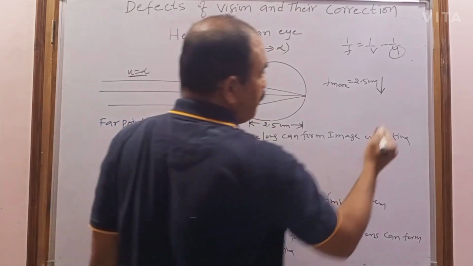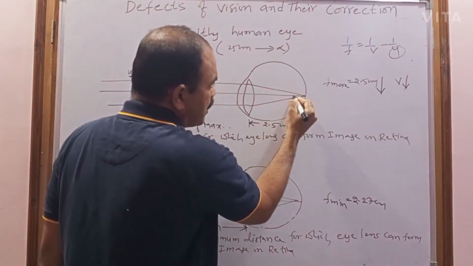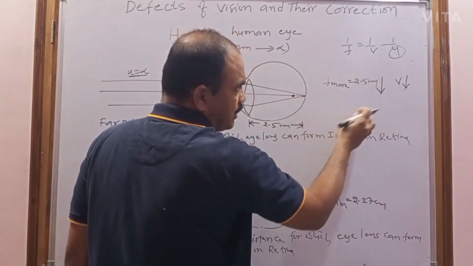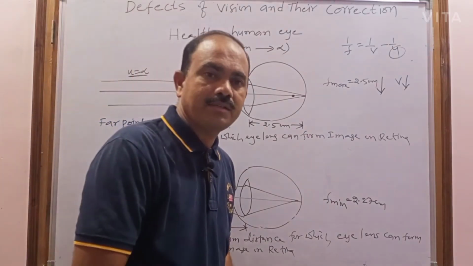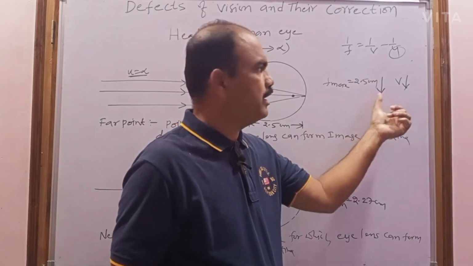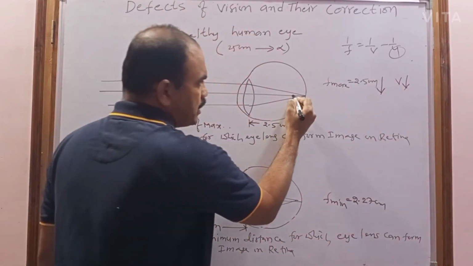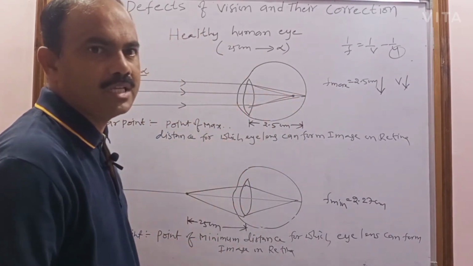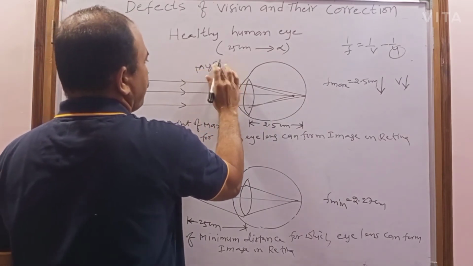Due to that, the image is formed before the retina, when the ciliary muscles lose their ability for accommodation. This type of defect of vision is called myopia.